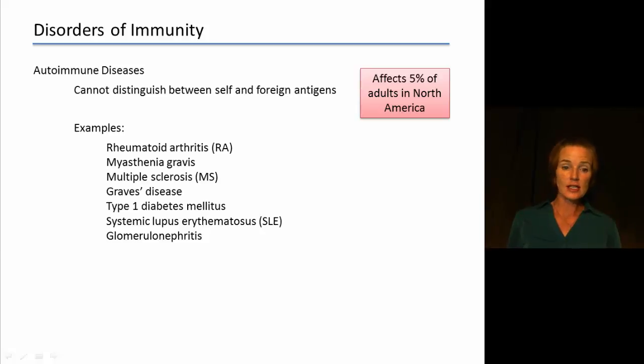Rheumatoid arthritis is an example. Multiple sclerosis is an example. Graves' disease. And really, autoimmune diseases affect about 5% of adults in North America. So they are somewhat common. 5% would be 1 in every 20 individuals is going to have one of these.